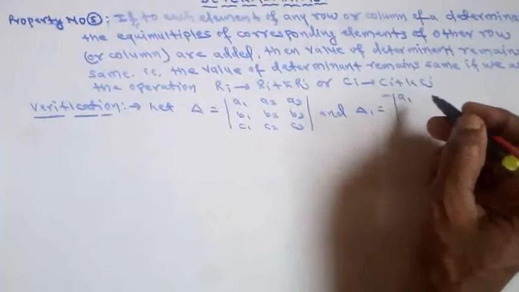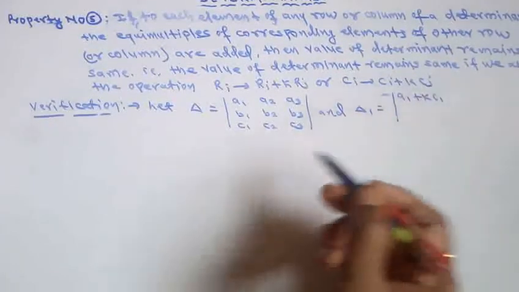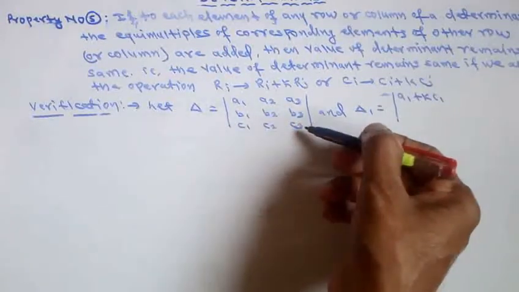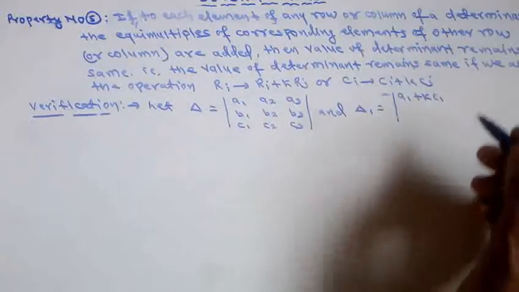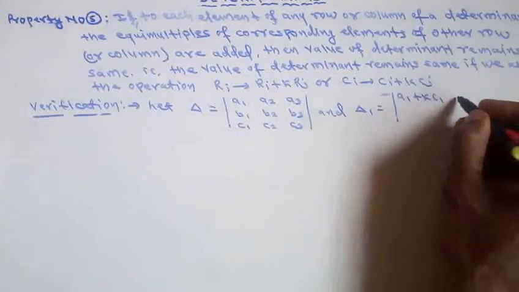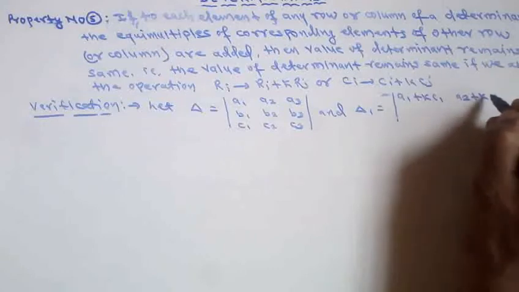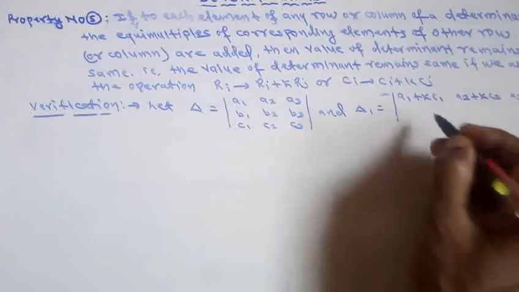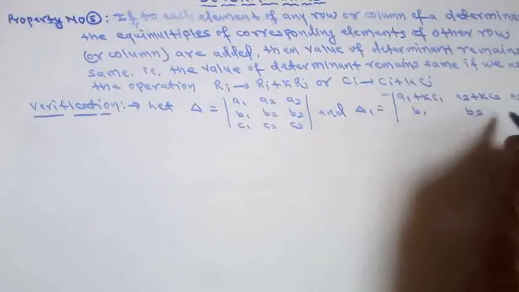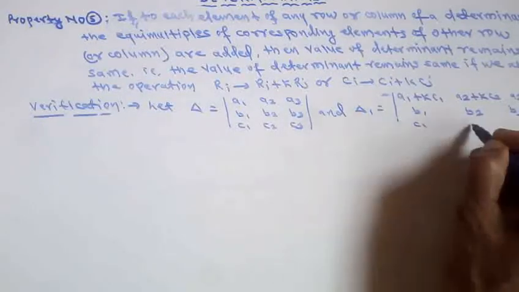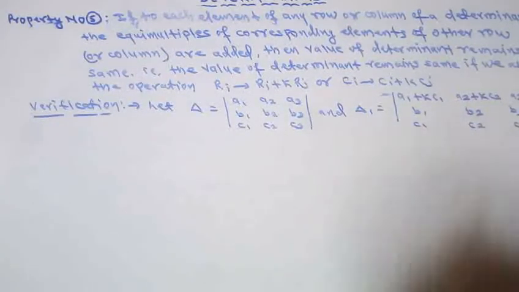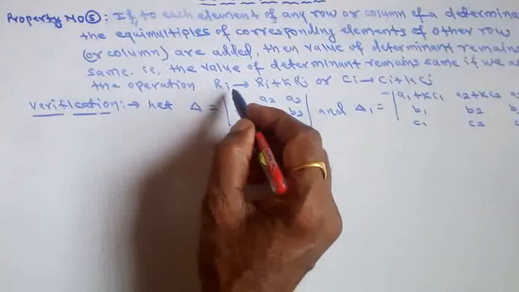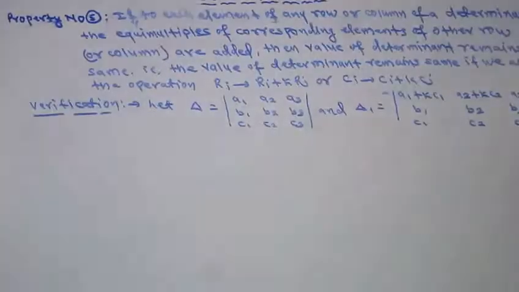So A1 plus k times C1. I am multiplying each element of the third row by k and adding those numbers to R1. Then A1 plus k times C1, A2 plus k times C2, and A3 plus k times C3. Then B1, B2, B3, C1, C2 and C3. So I have applied the operation Ri implies Ri plus k times Rj.